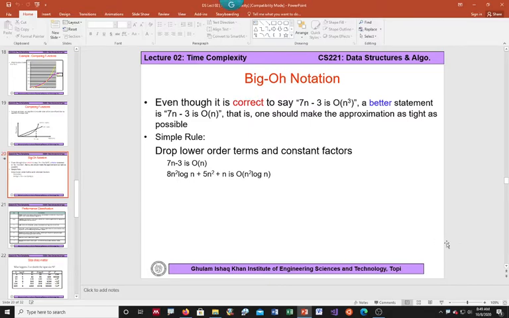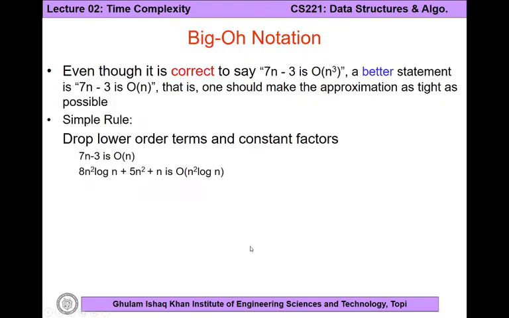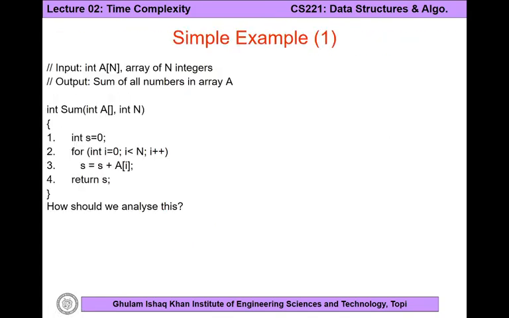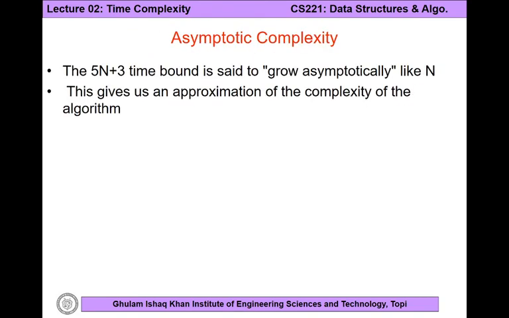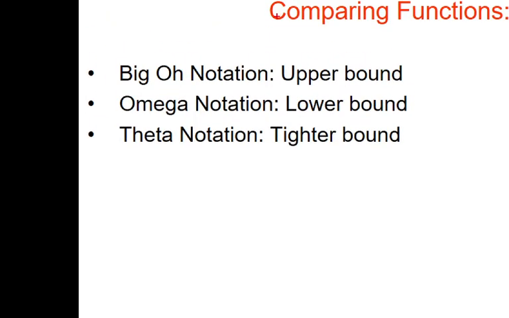for measuring or gauging the complexity of an algorithm, which include the big O notation, omega and theta.